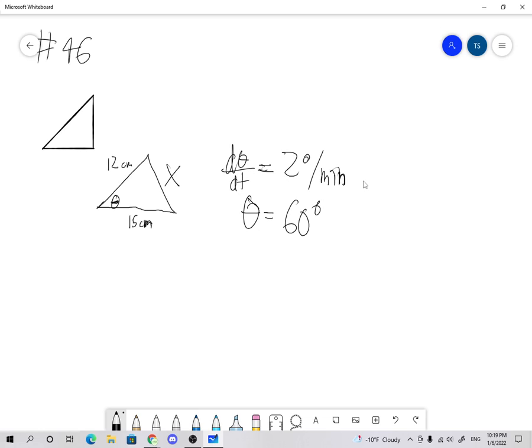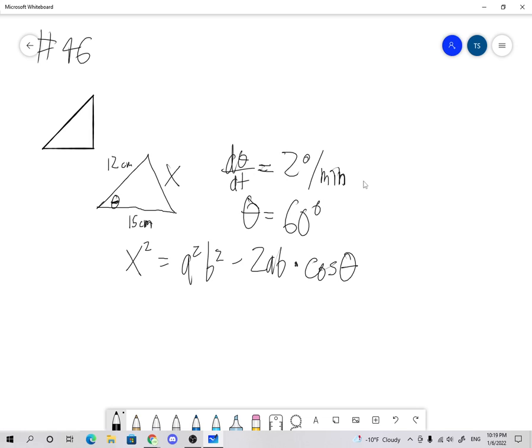But I'll write out the law of cosines for you. The law of cosines says that this side, x squared, is equivalent to these two sides, otherwise known as a squared and b squared, minus 2a times b multiplied by cosine theta. And now we just need to start substituting in.